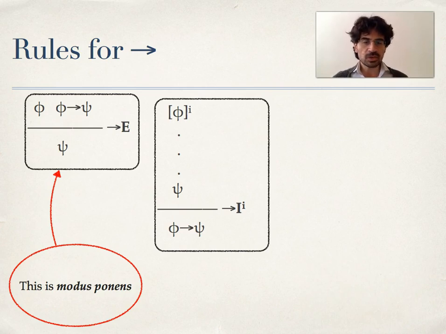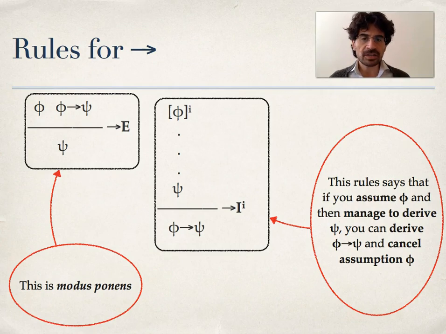What this rule says is that if we have at some point assumed a certain formula phi, and later on we have managed to derive the formula psi, then we can introduce the implication by writing phi implies psi in the next line of the derivation.